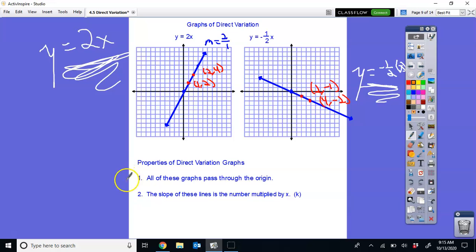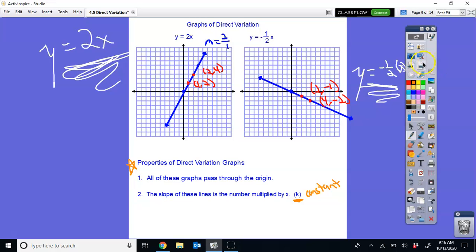You can pause it and copy these down if you would like, but all of these graphs pass through the origin. Their beginning amount is 0, and the slope of these lines is the number multiplied by x, or the k, the constant we call it. Now again, guys, I don't want you to get too confused over the fact that it is a k there. It's still the same thing as mx plus b.